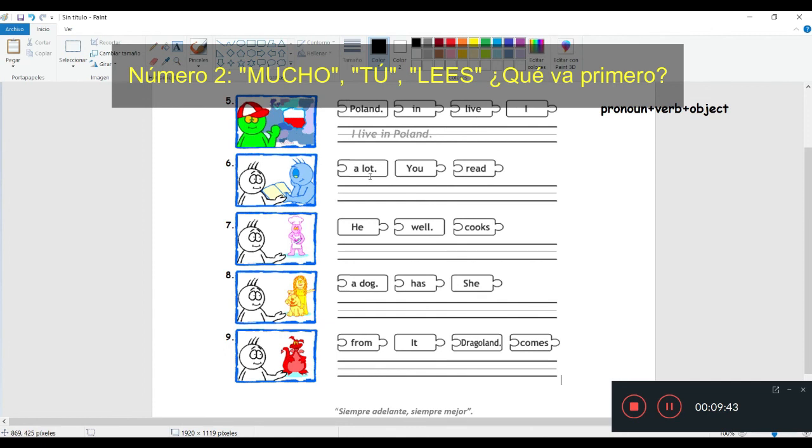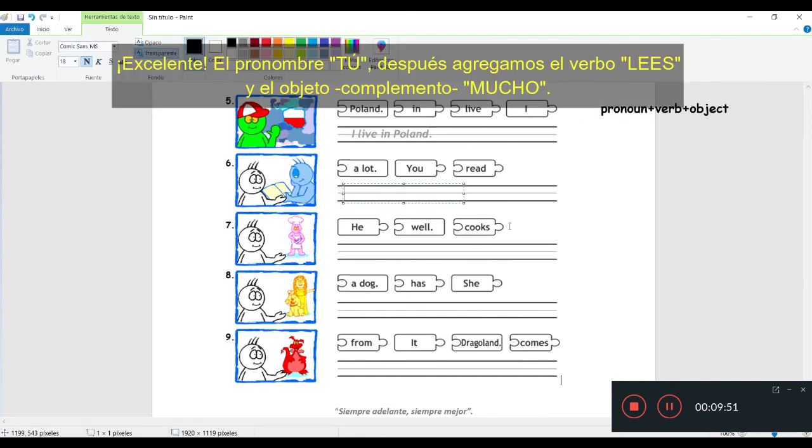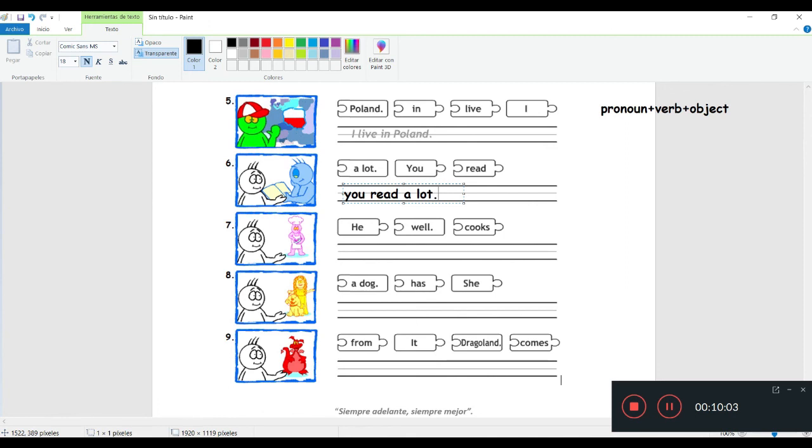Number 2, a lot you read. What goes first? Excellent. The pronoun you. Then we have to add the verb, read, and the object, a lot.